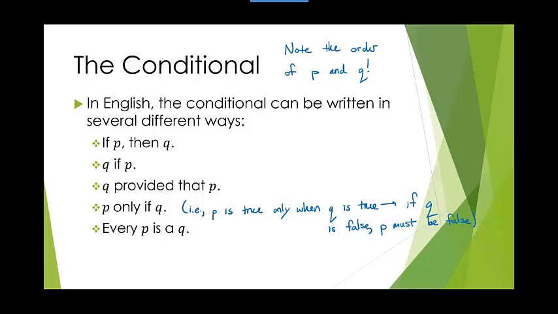In other words, we're excluding the case that P is true even though Q is false. So it ends up being the same sentence. Okay, so that was a little convoluted, so I'm going to move on from that.